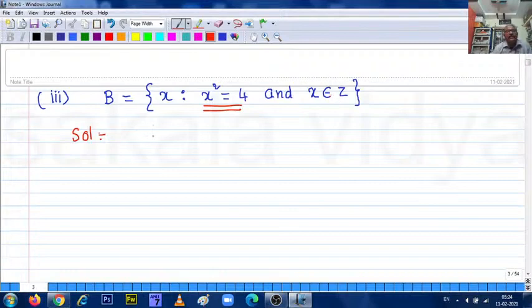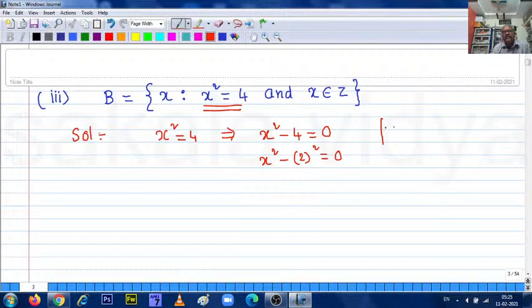So now x square equals 4. That is, we can write x square minus 4 equals 0. This we can write as x square minus 2 square equals 0. It is in the form of a square minus b square, which we can write as a plus b into a minus b.